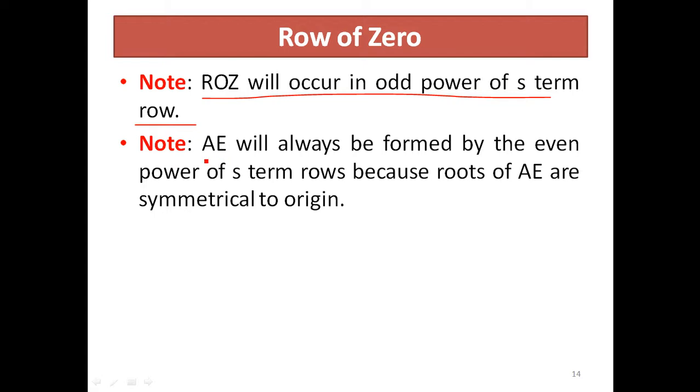Another note you can make is that the auxiliary equation will always be formed by the even power of S, because you have to write the auxiliary equation just above the ROZ row. रो ऑफ जीरोज के ऊपर वाली रो को का ही आप ऑक्सिलरी इक्वेशन बनाओगे, because roots of auxiliary equation are symmetrical to origin.